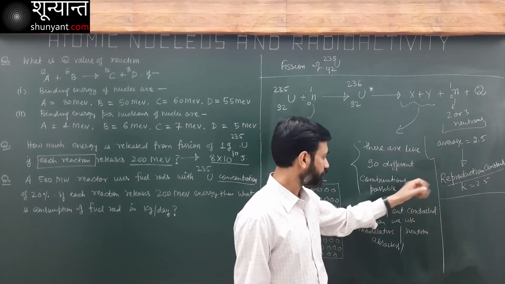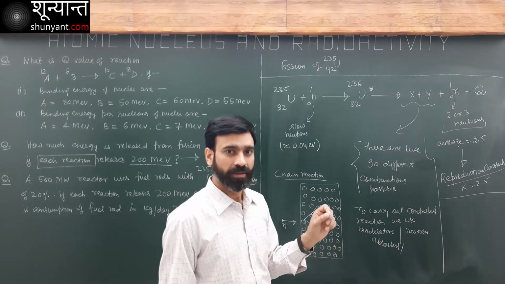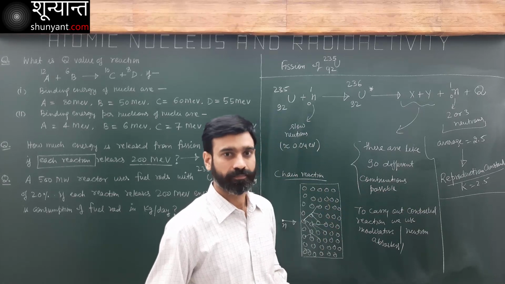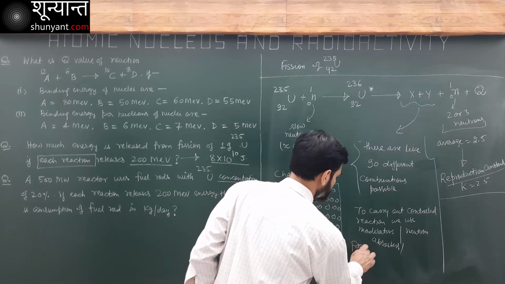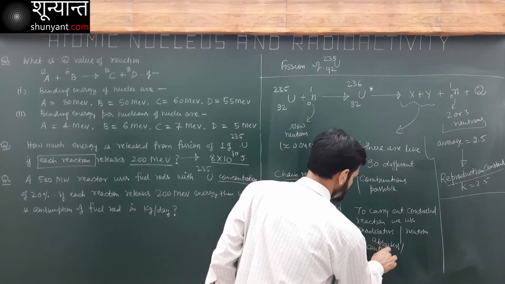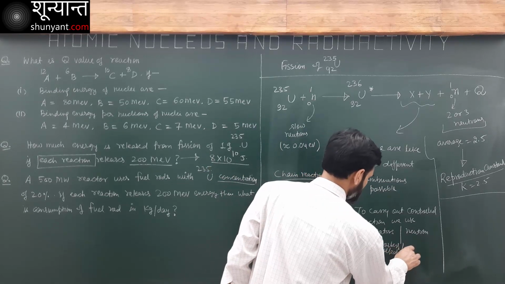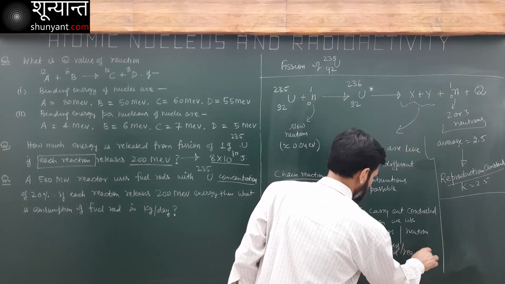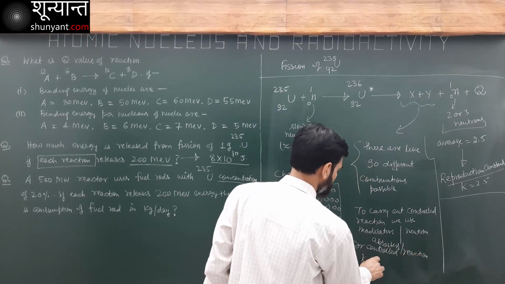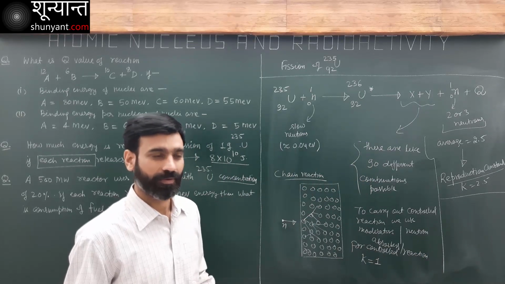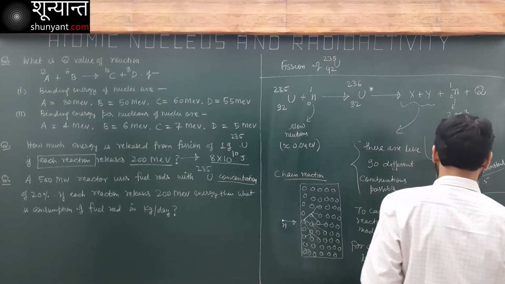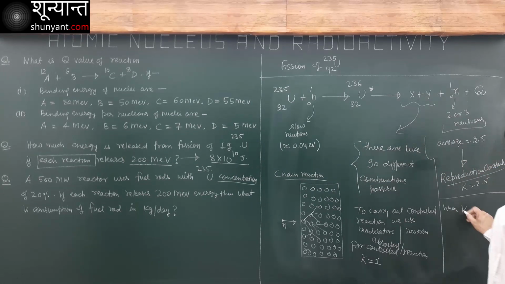So for a controlled reaction, this K should be equal to 1. It is known as the critical value. When K is equal to 1, it is called critical.